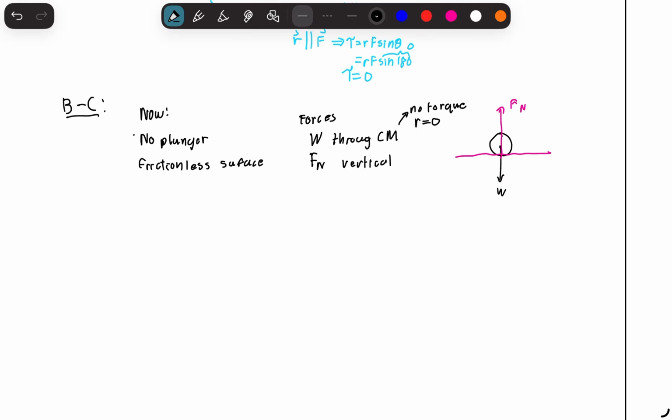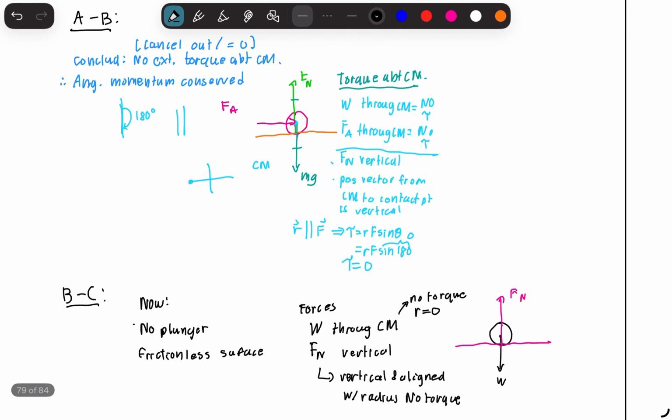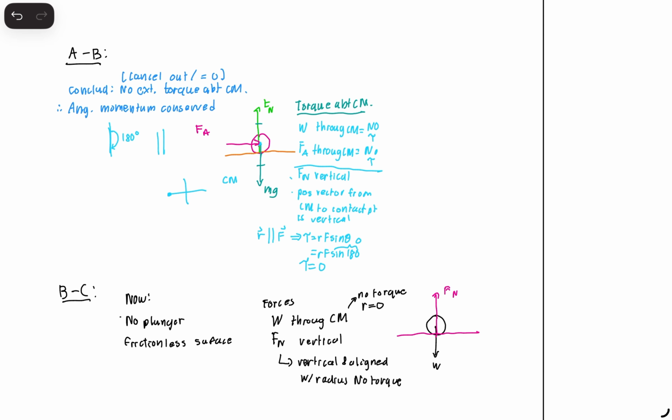And again, the normal force is going to be vertical and is also aligned with the radius. That means that you have no torque. So again, there is no change in angular momentum.